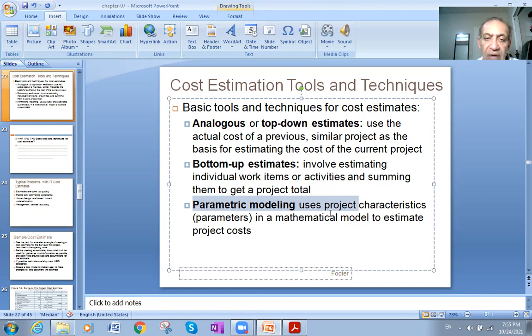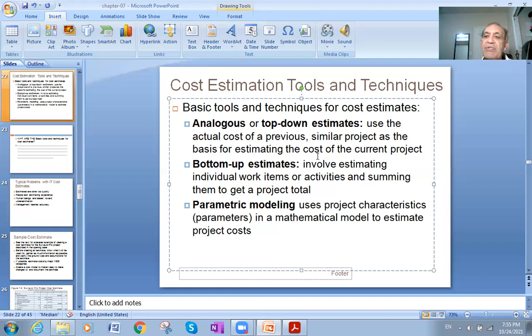On the top-down estimates, we use actual costs of a previous similar project. We use the cost of similar projects. As an example, I'm doing a Tim Horton's construction project.